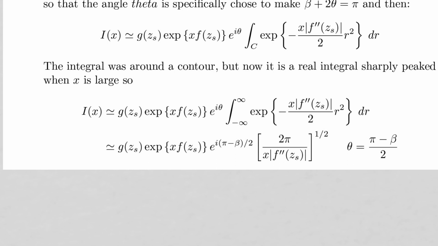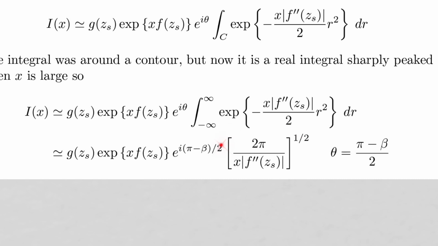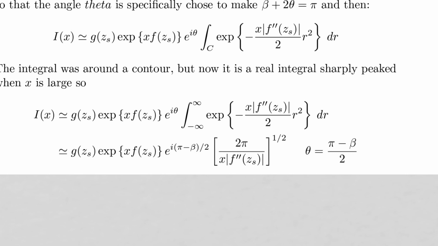It's the function g evaluated at the saddle point, times e to the x times f evaluated at the saddle point, times e to the i pi minus beta, where beta is defined through this function here, and then you have the second derivative of the function in the exponent evaluated at the saddle point, and the square root of 2 pi over x. It's kind of formulaic. The tricky part is to make sure you've got beta correct.